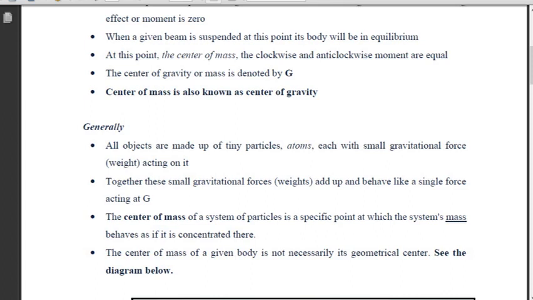Its center of mass and its center of gravity are going to be different because gravity actually reduces as you go up into the sky. The higher you go, the gravity reduces bit by bit.